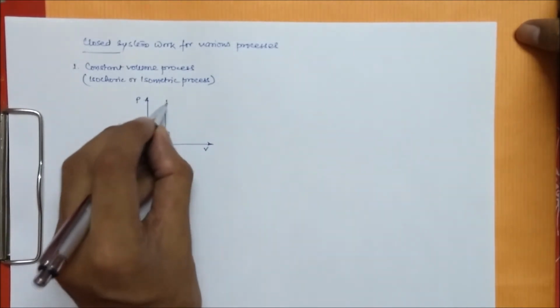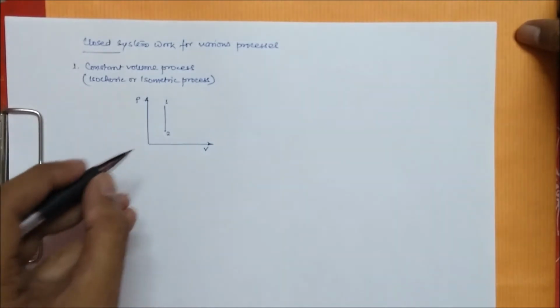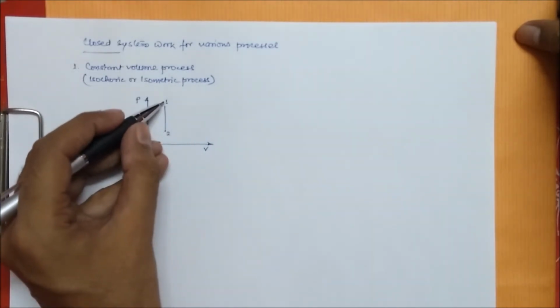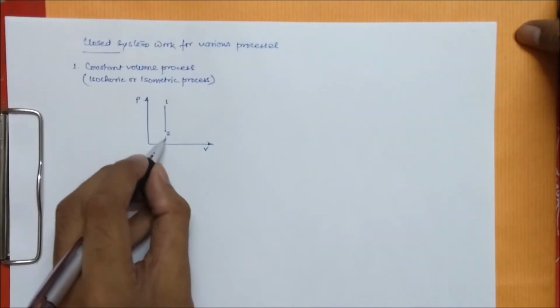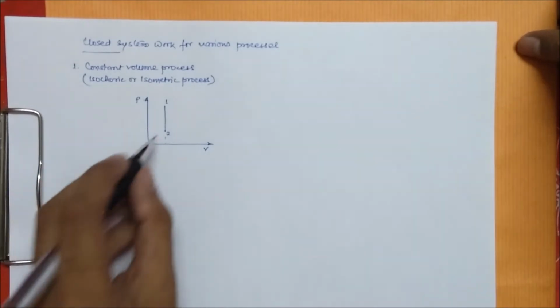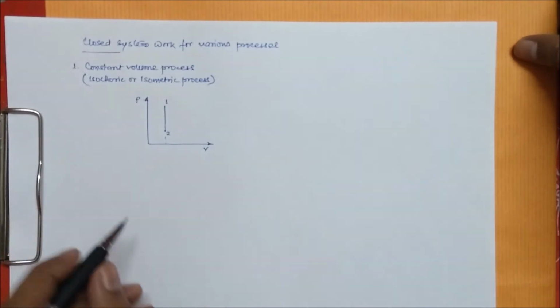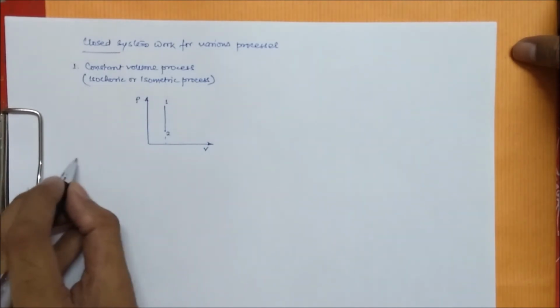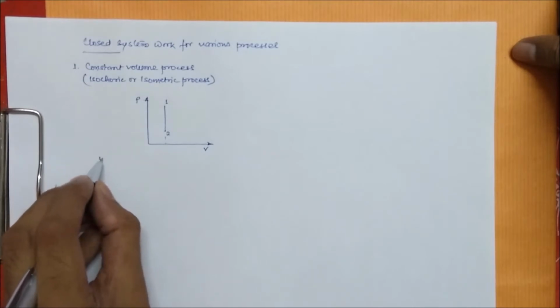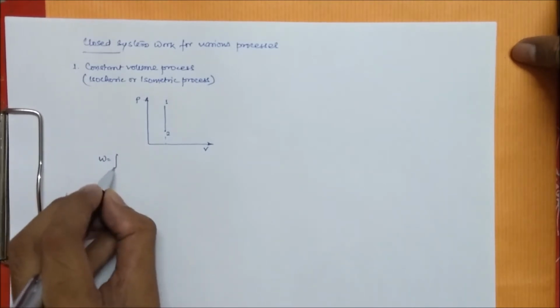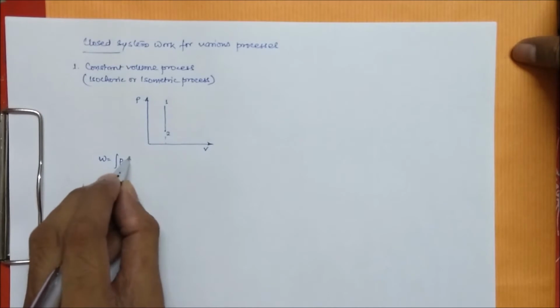These are the two states, state 1 and state 2, and the process will have a constant volume, but the pressures will be different. Now for a closed system, the work was defined as integral P dV.